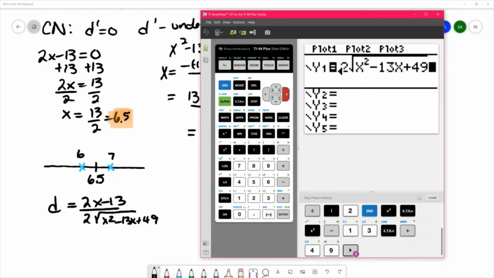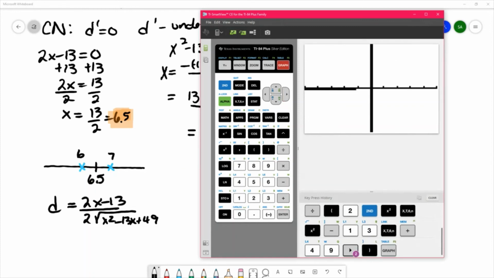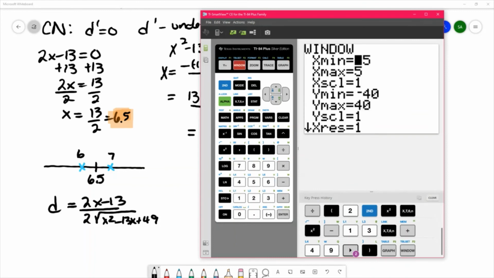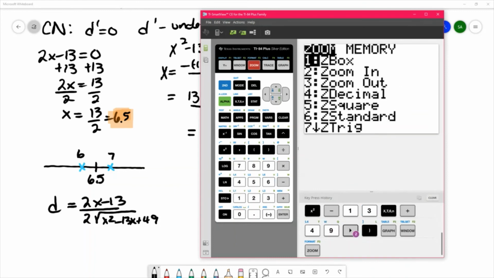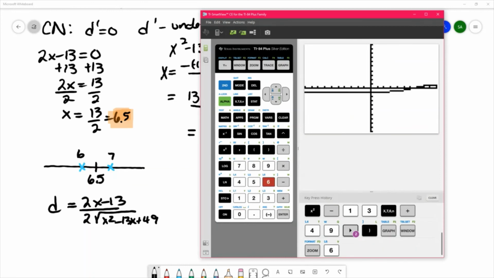And let me close parentheses for that denominator. So let's look at it on the graph. Looks like I've got my window a little bit crazy there, so I'll hit zoom 6 for standard.